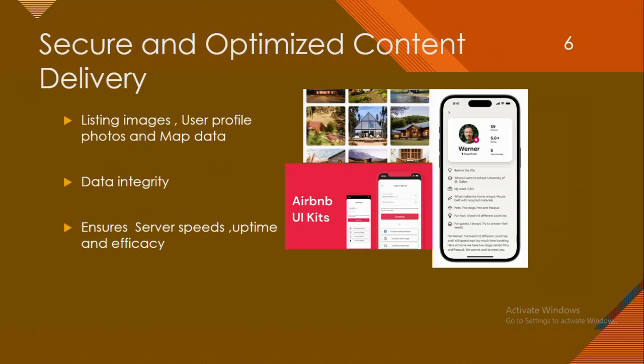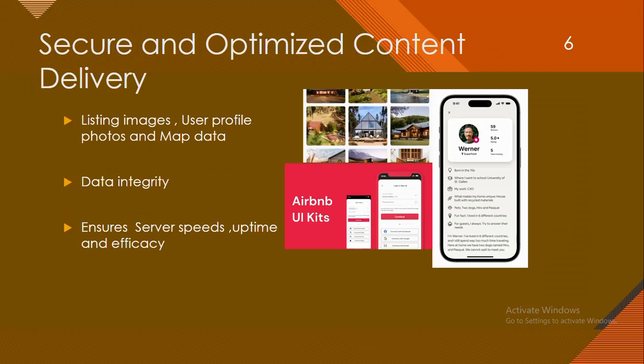Secure and optimized content delivery. Airbnb relies on the cloud to manage and deliver a personalized experience for millions of users while handling critical interface data such as listing images, user photos, map data, and UI assets. The data is usually stored on CloudFront, ensuring media files load quickly across the globe.